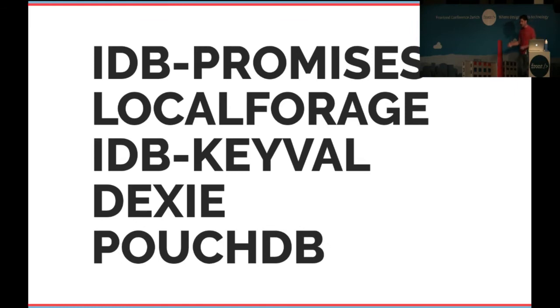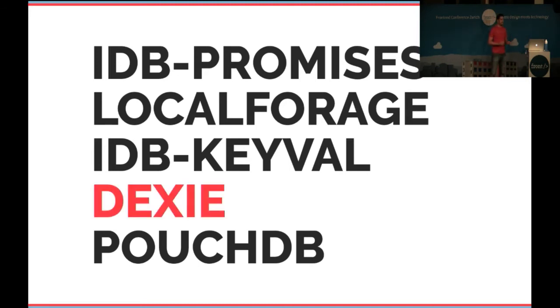And finally, PouchDB is a big library because it effectively implements CouchDB in IndexedDB, including the sync protocol, which is very useful if you're using CouchDB on the server as well, as that makes the browser simply one part of a distributed database. It does all the syncing for you.